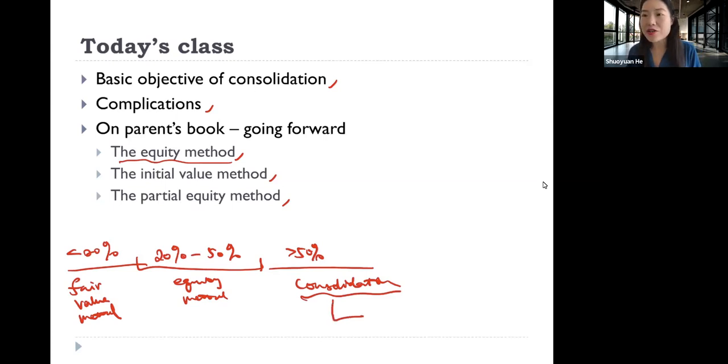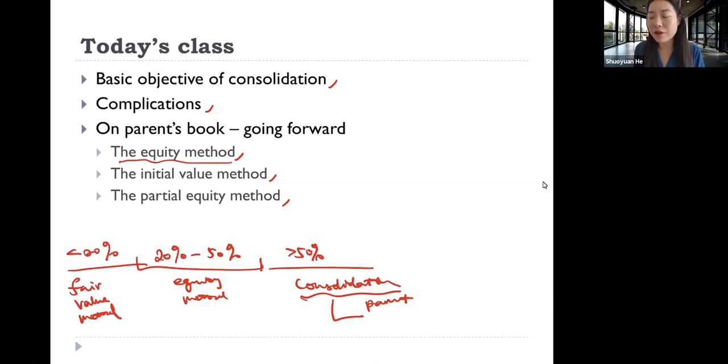When we are talking about what to do subsequent to the date of acquisition, if you still remember from last class, it is under the situation where the two firms remain separate legal entities. Otherwise, we don't need to do any consolidation after the date of acquisition.